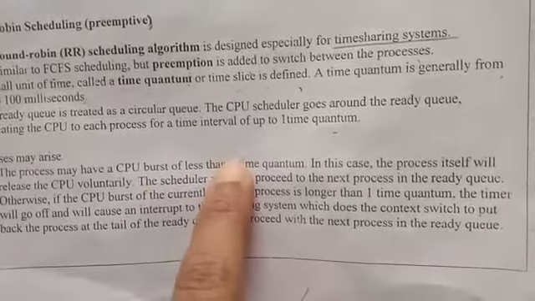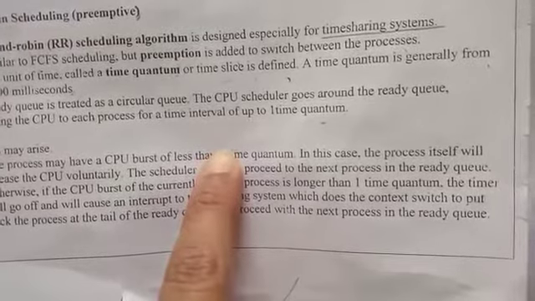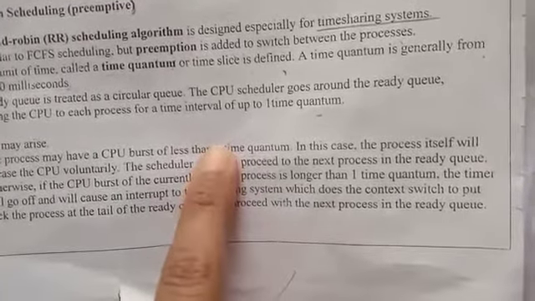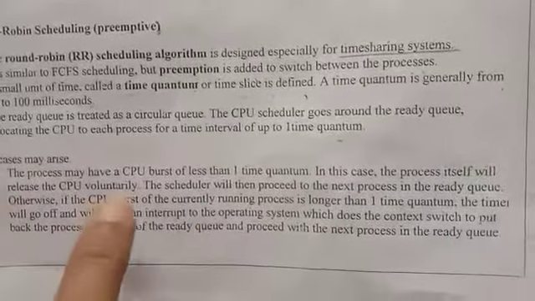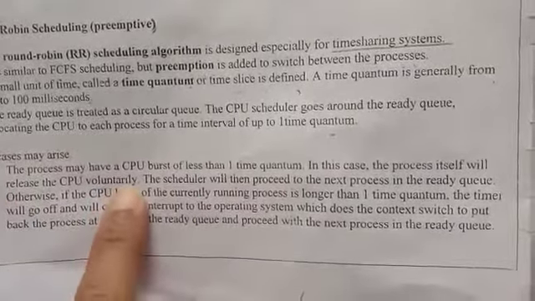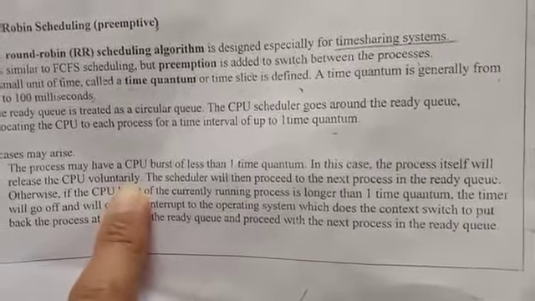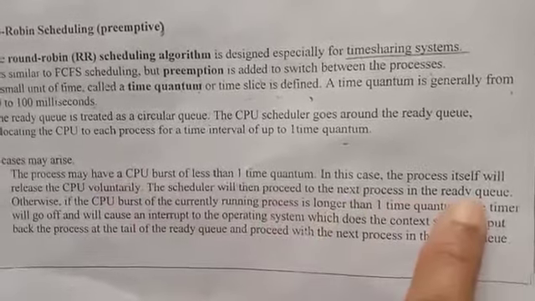The maximum CPU time allowed is 10 milliseconds, but since it requires only 5 milliseconds, it finishes within the limit. In that case, the process itself releases the CPU voluntarily. We do not force it by causing an interrupt. Then the scheduler proceeds to the next process in the ready queue.